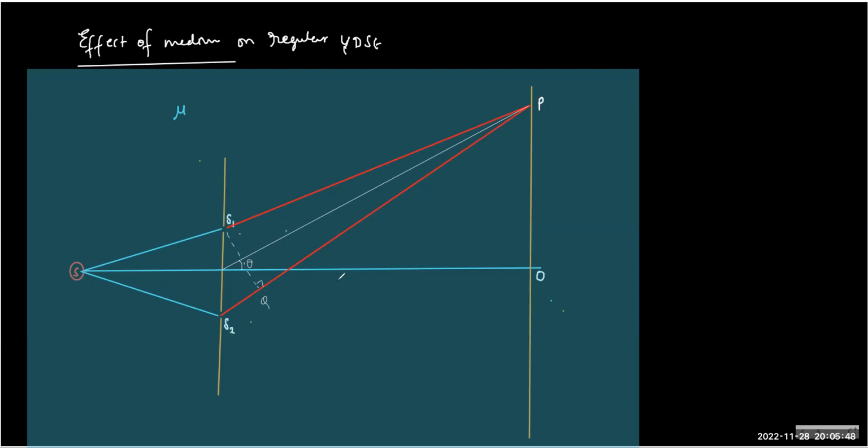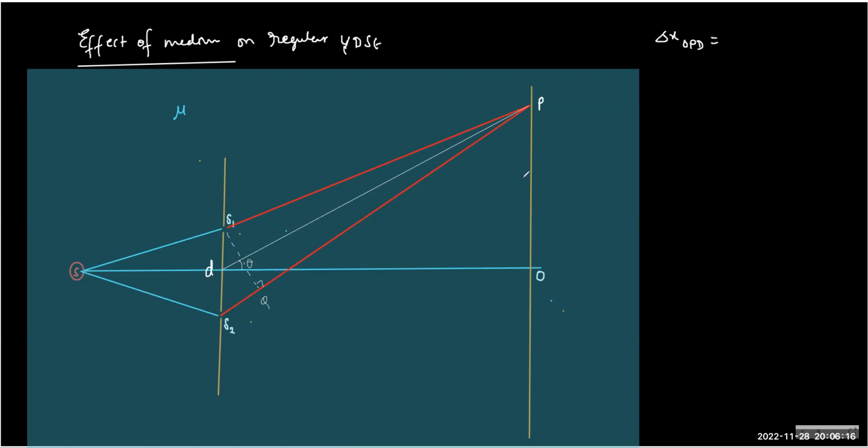Now, the actual thing is the path difference that we have been talking about was the optical path difference. So the delta x will change the way of writing. What we write is the optical path difference, and what you know is the geometrical path difference, because this S2Q is a geometrical path, it is not optical, isn't it?